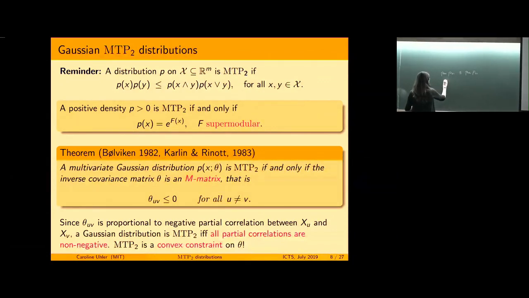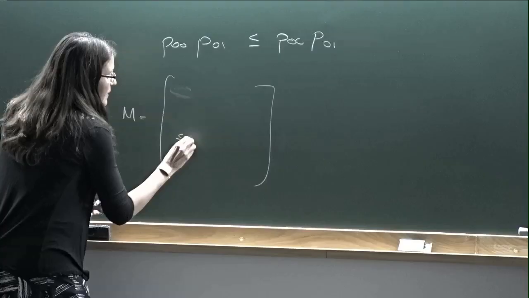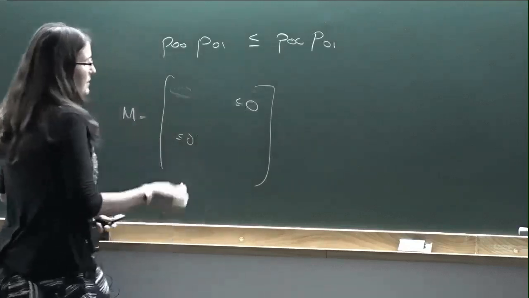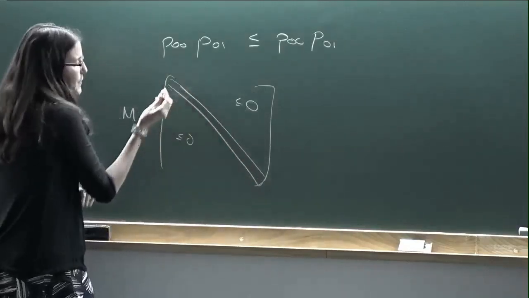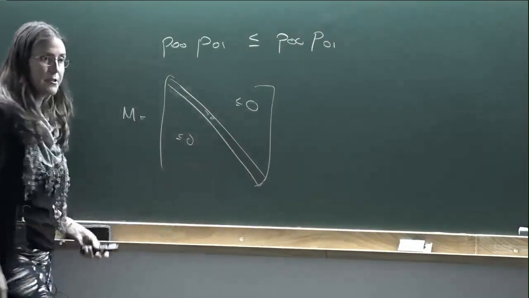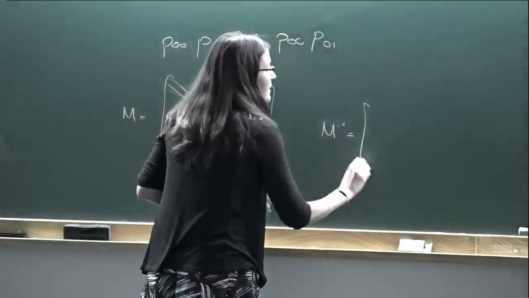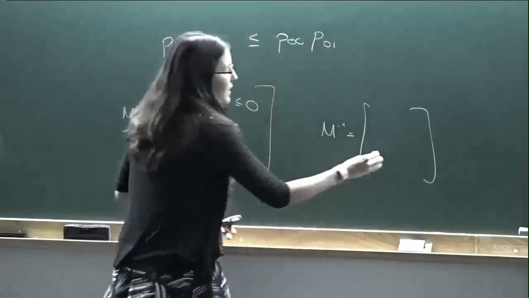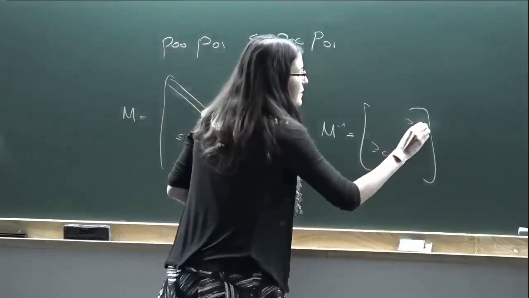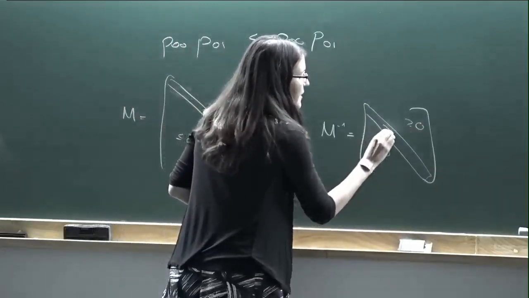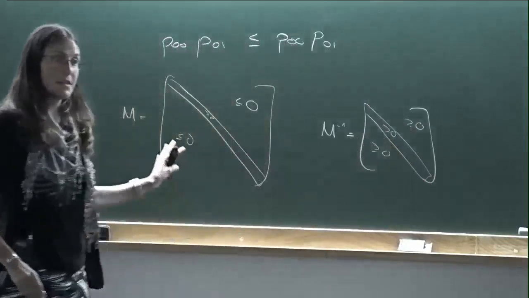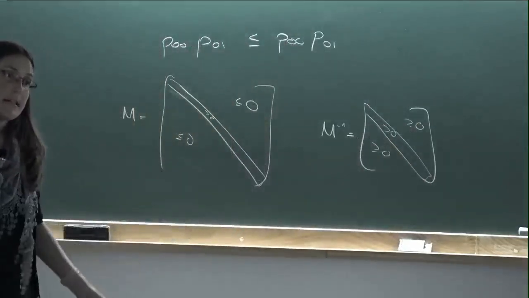If I have a matrix M where all these entries here are smaller or equal to 0, and on the diagonal, of course, for it to be positive definite, I need to have entries larger than 0. And you take the inverse of this matrix, then you'll actually get that all entries are larger or equal to 0. This is just a simple, very nice linear algebra fact.